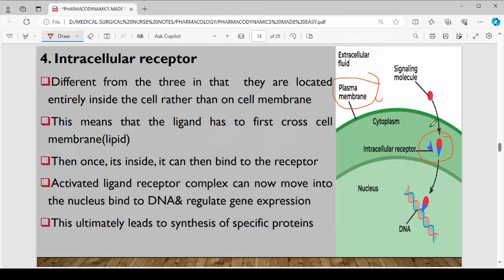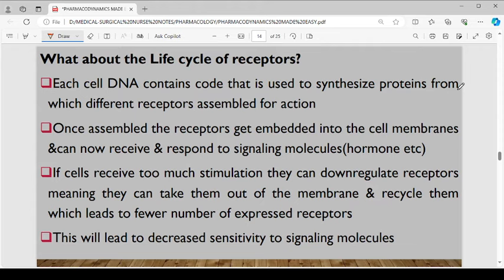Then the activated receptor complex can move into the nucleus and bind to the DNA and regulate gene expression. So this will ultimately lead to synthesis of specific proteins, all right? So that is for the intracellular receptor. Those are the 4 different types of receptors that are very key in pharmacodynamics.